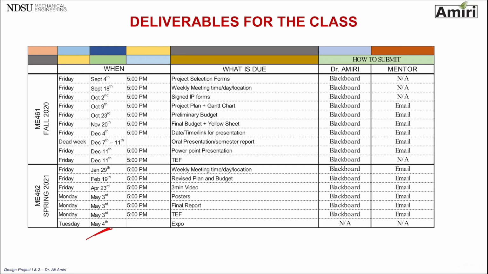But I will go over each and every one of them before they're due. So for now, the only focus is the first one, project selection forms, which we will be talking about. Do not worry about anything else at this point until we are past that step.